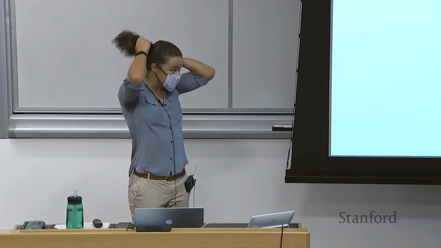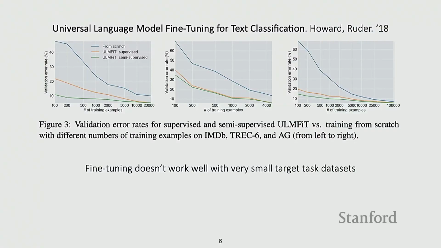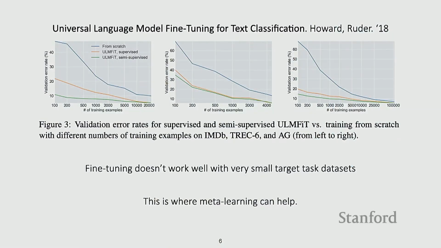So when the data set is small, essentially what happens is that it either still overfits because you are still training on a relatively small data set, or maybe you tune the hyperparameters so that it doesn't overfit, but it doesn't change the source model enough to sufficiently solve the task. Is that also the reason why they started with 100 training examples from the get-go? Yeah, exactly. So that's why this x-axis starts at 100. If you move even further to the left, it gets even worse.